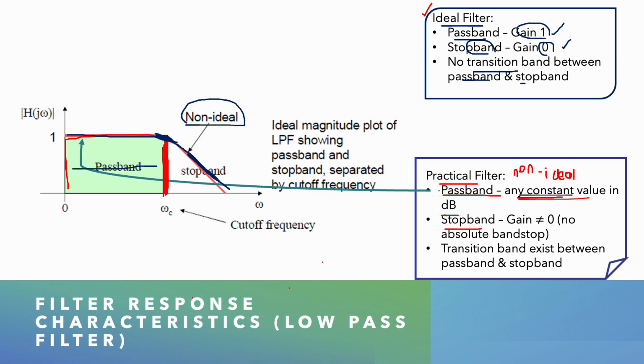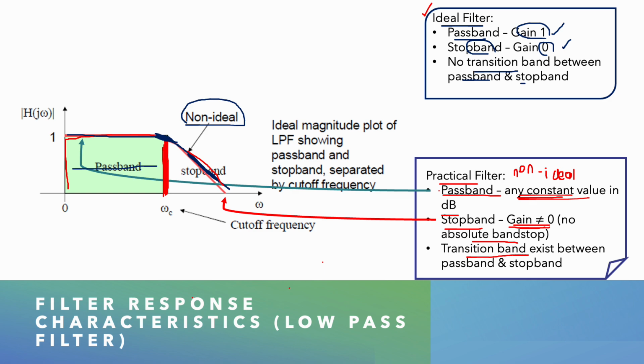However, for a stop band, the gain is not definitely 0. It is very difficult to get 0 gain. There is a gain value, but the value is not 0. No absolute band stop. So there is a transition band. If you can see the graph here, the graph starts to decrease for the non-ideal filter.